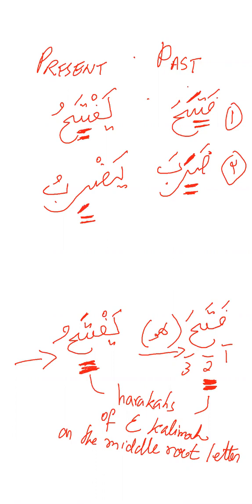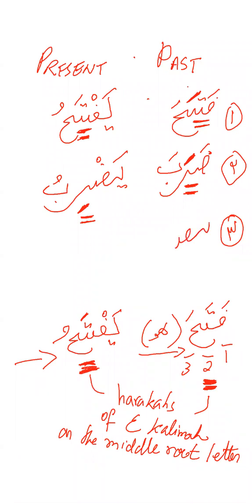So it becomes Daraba Yadribu. So if a verb has a fatha on the ain kalima in past tense and has a kasra on the ain kalima in the present tense, that verb will belong to the Daraba Yadribu family.